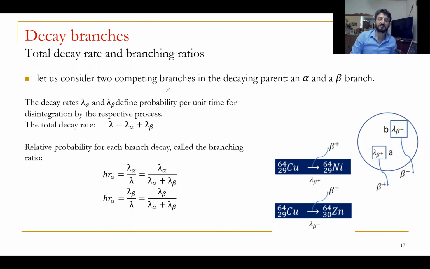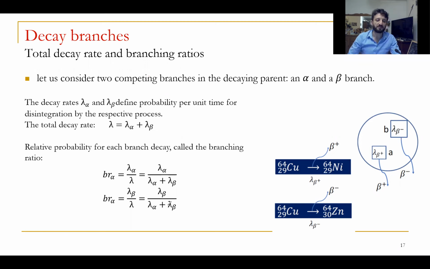Decay branches. What I mean by this, in general, is that in nature one unstable element can decay through many decays. We can say many decay branches, for example alpha and beta, or beta plus and beta minus.